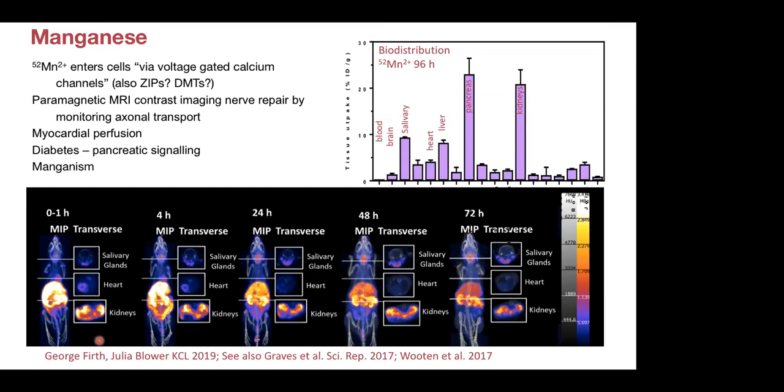And again, if we quantify this by dissecting the tissues post-mortem, you can see very high uptake in the pancreas, higher than in the liver, and also in the salivary glands. So there is a prospect of using manganese for looking at the physiology of the pancreas, for example.